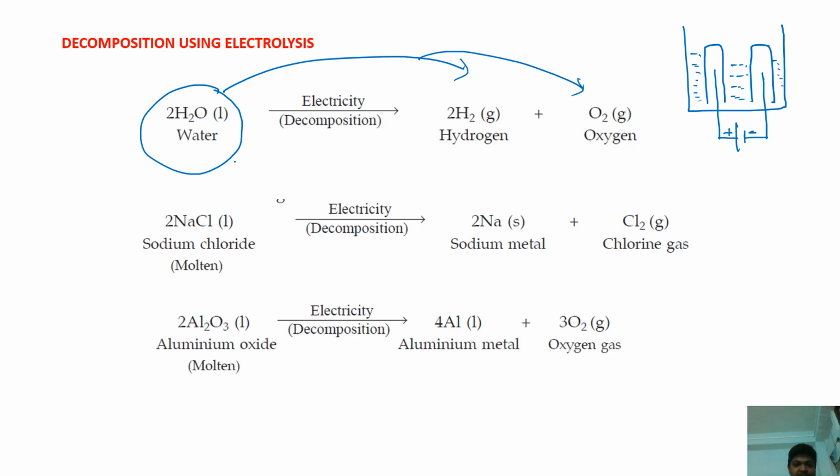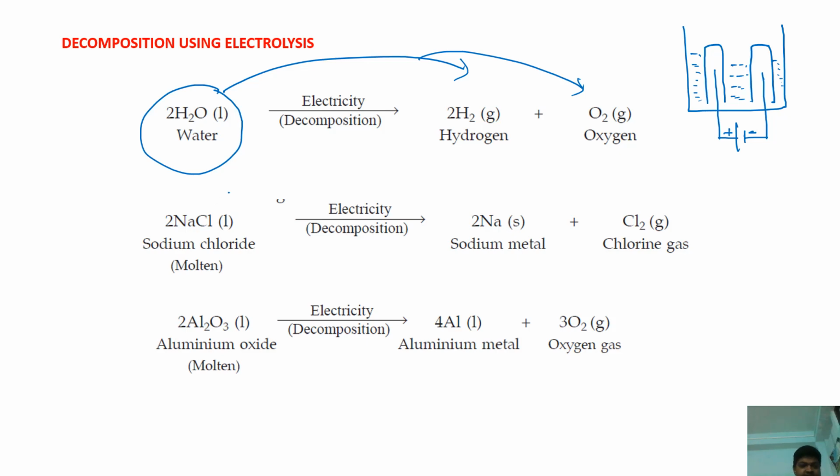The hydrogen ion is positive and is known as a cation. The oxygen ion is negative and is known as an anion. The two carbon rods are connected to two different terminals of a battery, so they attract the opposite ions. In this way, in the two test tubes, we get oxygen and hydrogen separately.